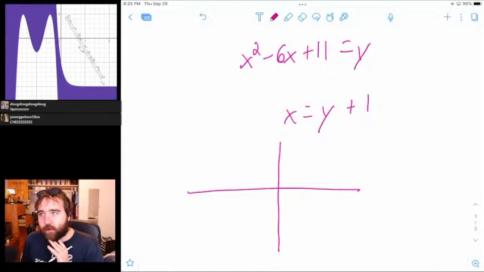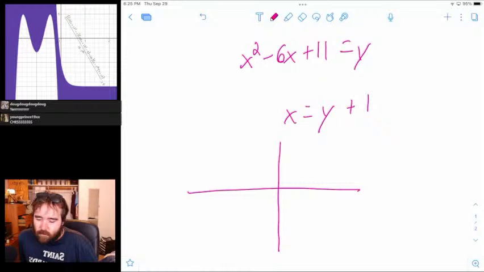So like the first equation, what's the shape of that graph? For the x squared minus 6x plus 11. It's x squared, but it's okay. That's what matters. It's x squared.